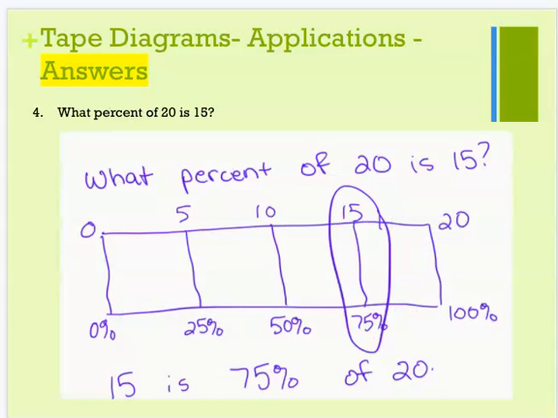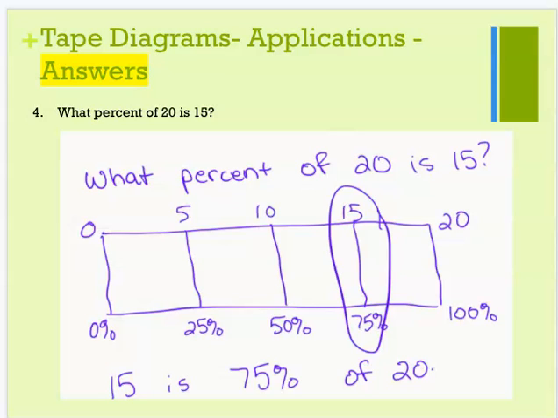One more. What percent of 20 is 15? This time, notice that I did not break it down into 10 sections. Since my number was 20 and I can tell where 15 would be compared to 20, I thought, oh, if I just counted by fives, that would work out better on this problem.